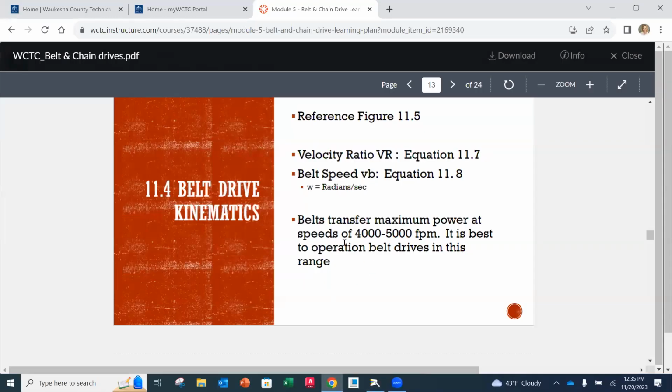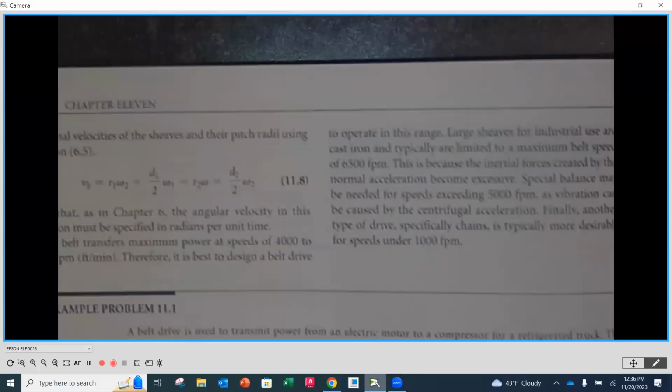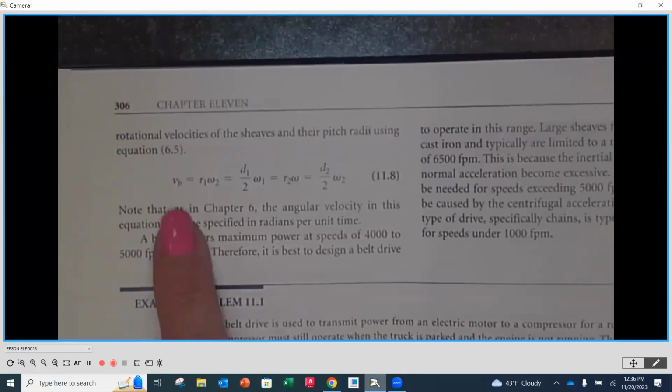Now, another consideration here is that belts are going to transfer their maximum power at speeds between 4,000 and 5,000 feet per minute. And this is going to relate to the linear speed of the belt. Remember in gears when we talked about pitch line speed, very same thing here. So if we look at equation 11.8, which is on page 306, right at the top here, this is pitch line speed.